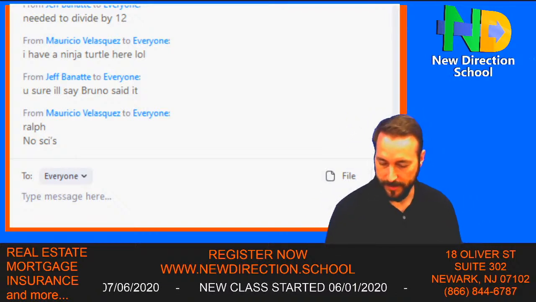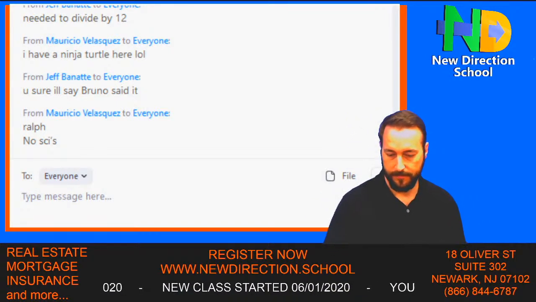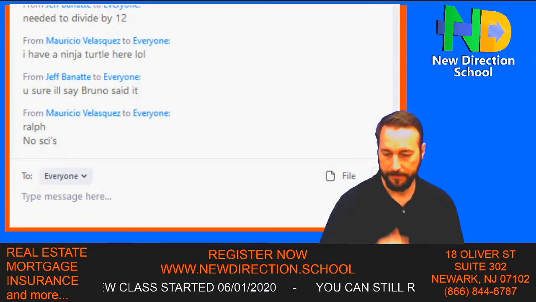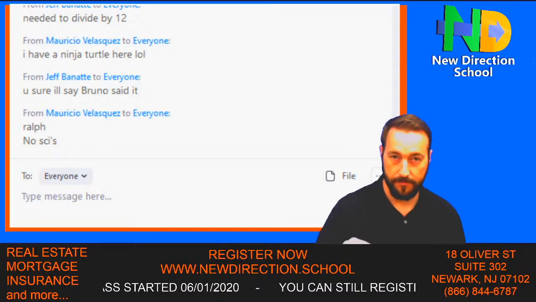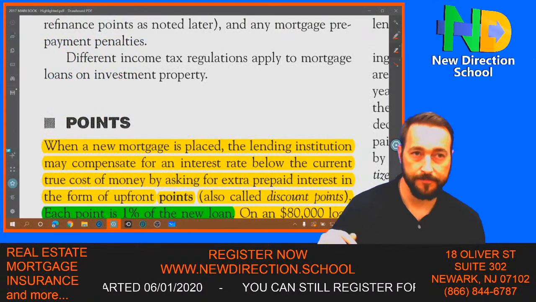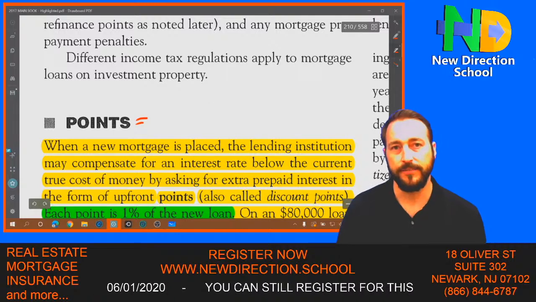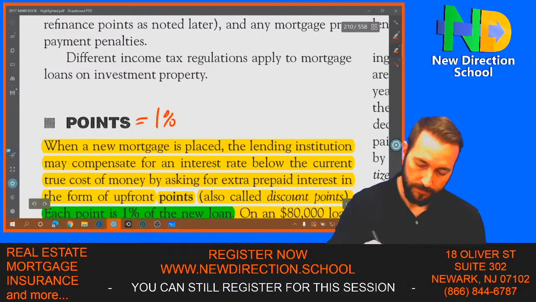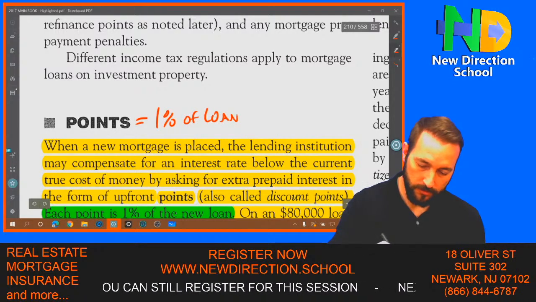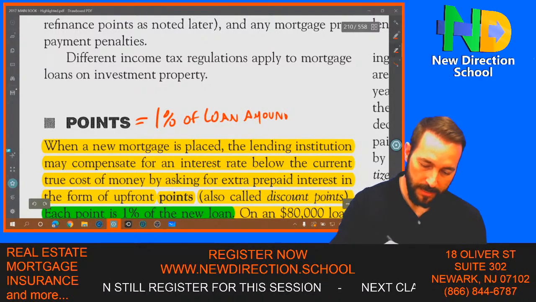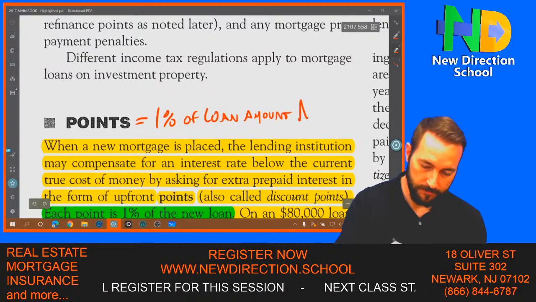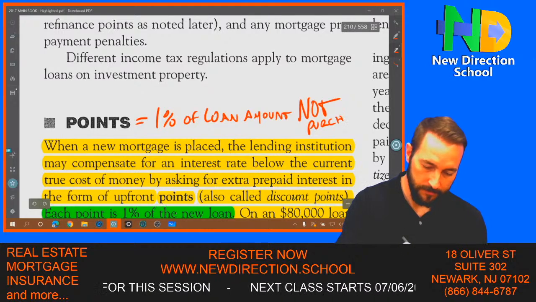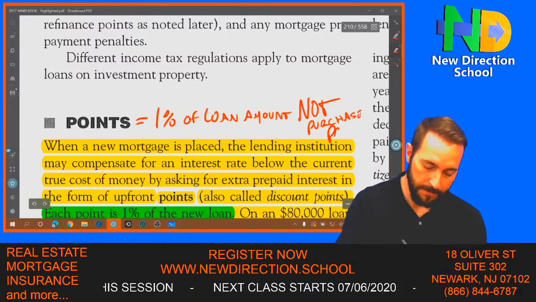All right, so let's go back to the book. And here's the other thing that a lot of people get confused about: points. I want you to write: points equal 1% of loan amount, not purchase price.